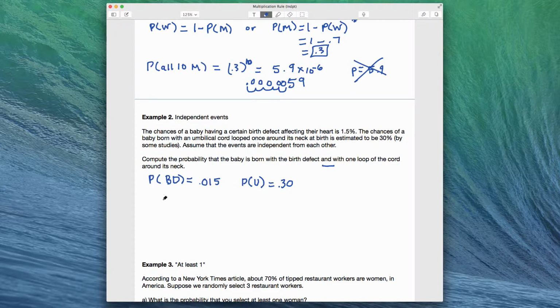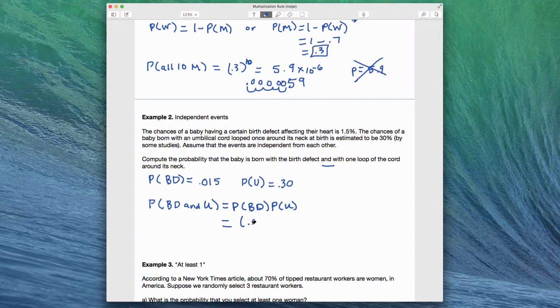If we want both of these together, we want the probability of the birth defect and the umbilical cord. We know they're independent events, so we'll multiply the probability of the birth defect times the probability of having that umbilical cord around the neck.